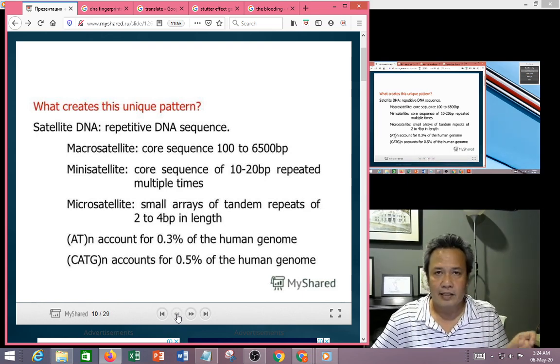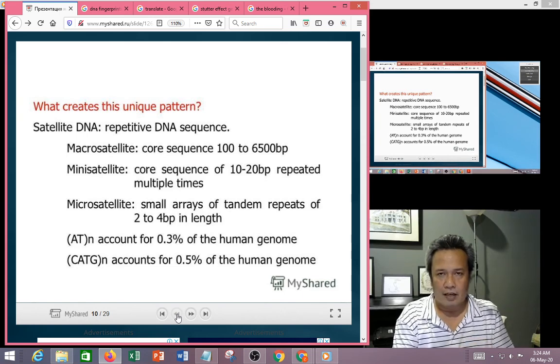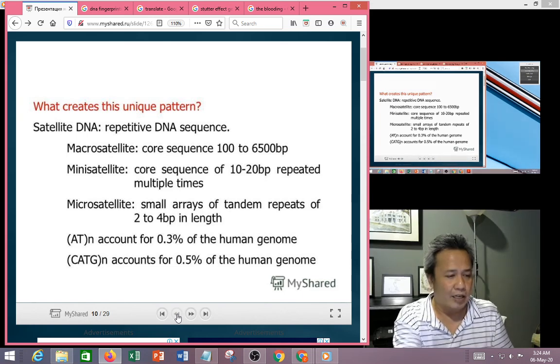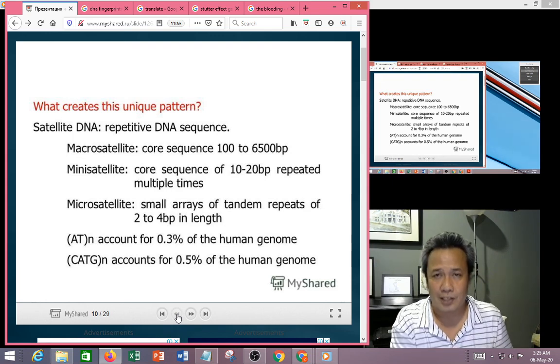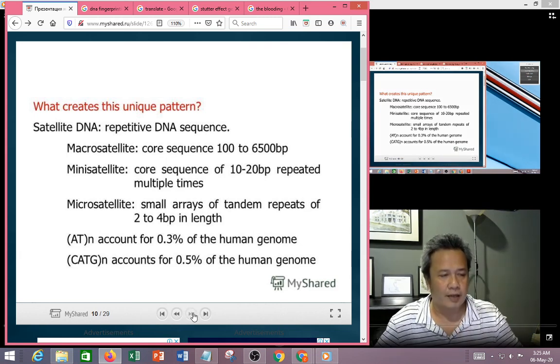In this case it's AT, or CATG. If it's a repeat of two bases, it's called a dinucleotide repeat. If the repeat is based on 4 bases, you call it a tetranucleotide repeat, things like that. So that's microsatellites for profiling. Minisatellites are for fingerprinting.